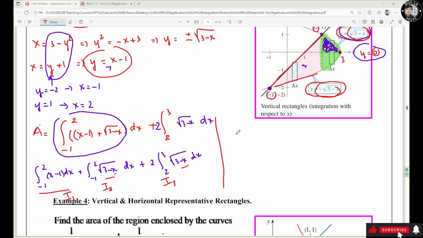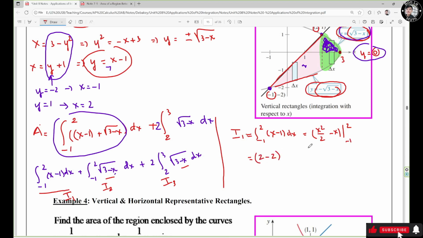Alright, now I'm going to calculate I1. So I1 is the integral from -1 to 2 of s minus 1 ds. Take the antiderivative of this one, which is s squared over 2 minus s, evaluated from -1 to 2, right? And this turns out to be, substitute 2 for s, so it's going to be 2 minus 2, right?